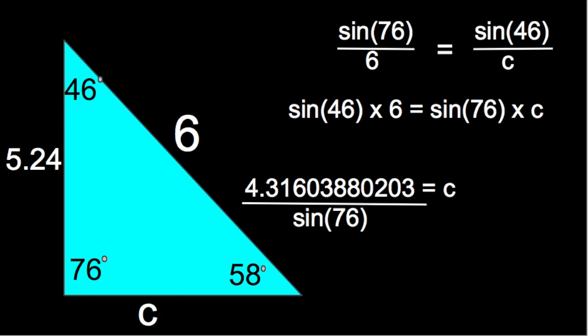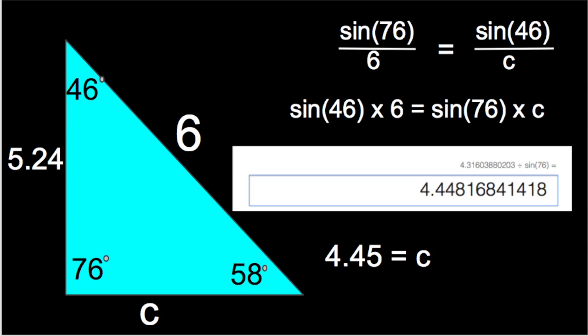Now we have to take this number and divide it by the sine of 76 so that we have C alone and we can figure out the last missing side length. Now we need to input this into our calculator. When we input that into our calculator, we get 4.448 and so on. So when we round that, we have 4.45 as the missing side length of C.